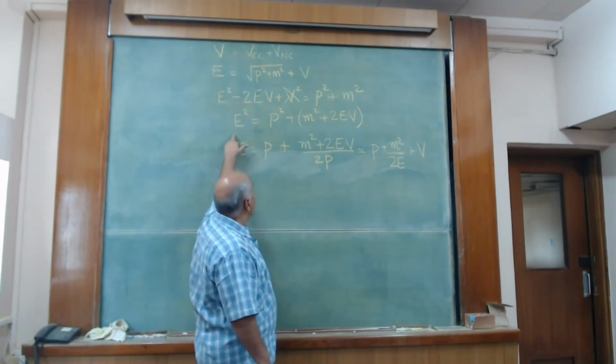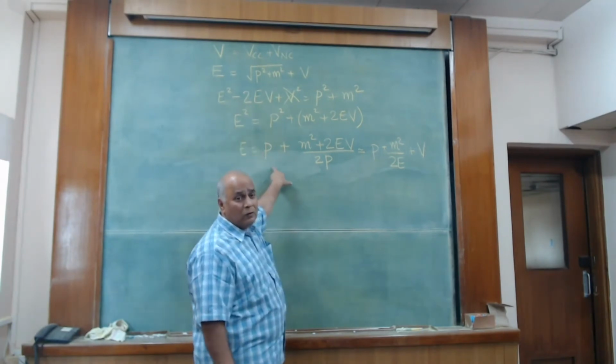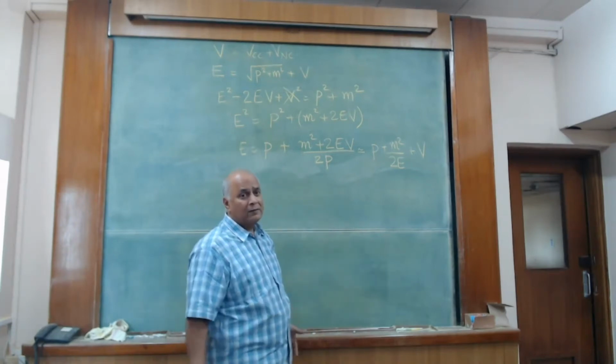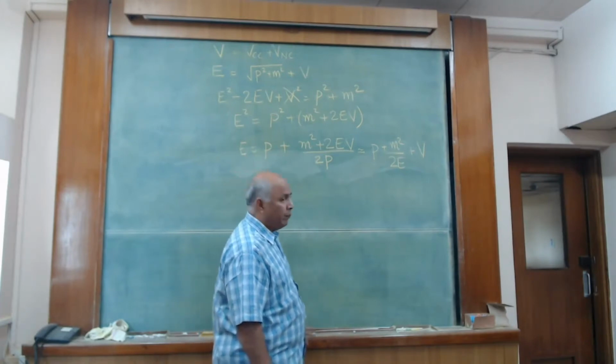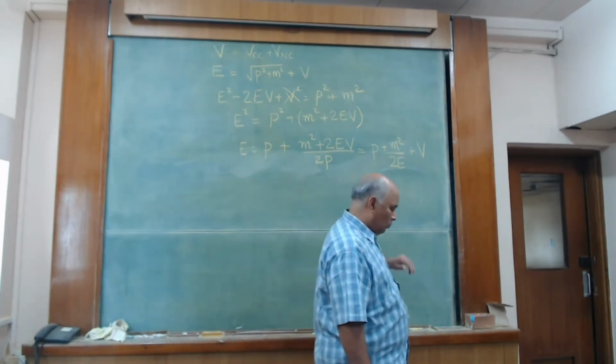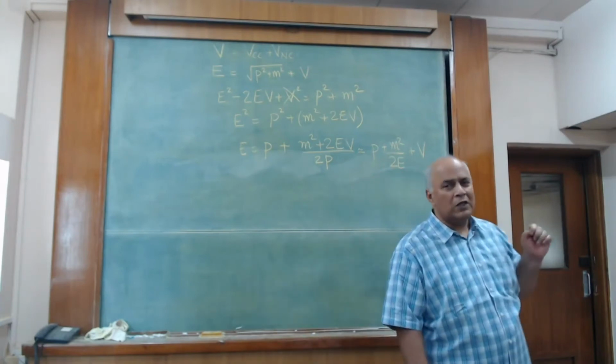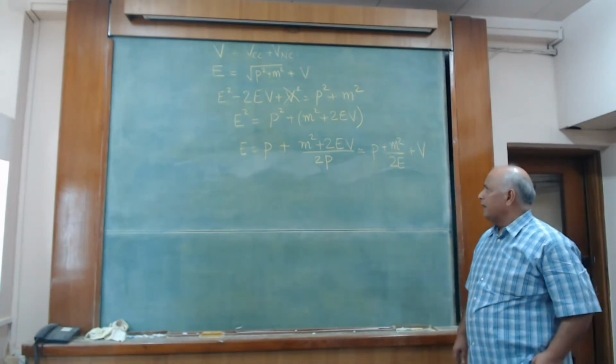Yeah. And here I have taken the square root and used the binomial expansion, just like I did in the case of vacuum oscillations. And now you see one tricky issue.